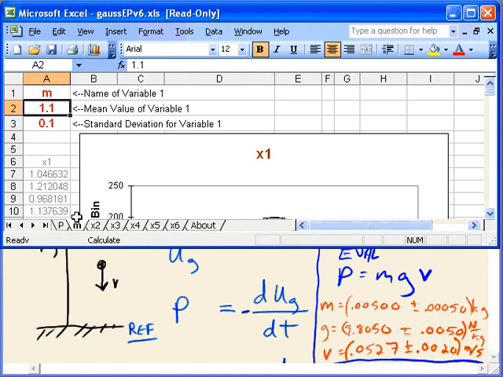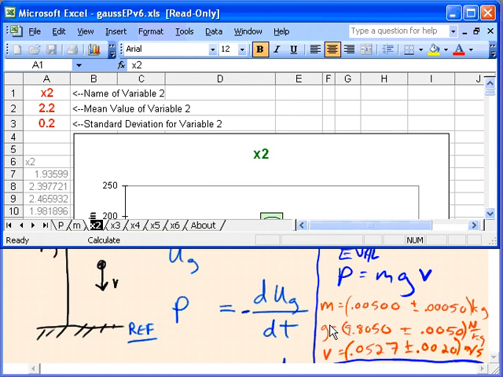Return, m return, and m is 0.005 plus or minus 0.0005. Hit return. The next variable is g. Type in g return.